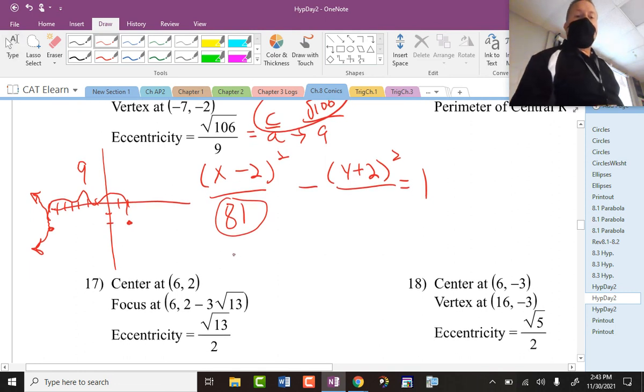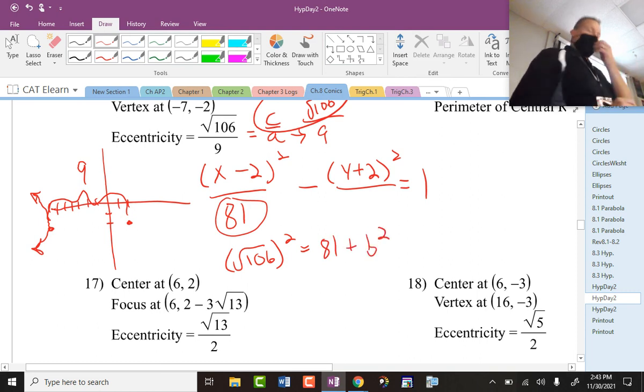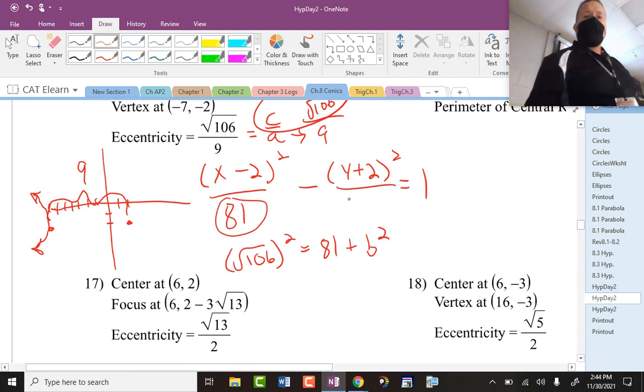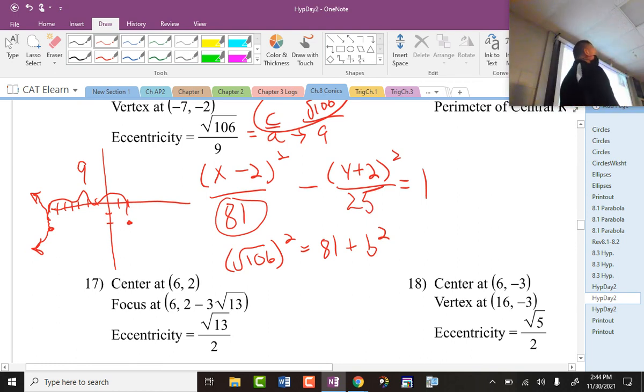Now when I use my equation, as I run out of time, and my pen won't write, 81 plus B squared. The square root of 106 squared is just 106. What's 106 minus 81, everybody? 25. This worksheet likes making the numbers work out perfectly. That is where I wanted to end.